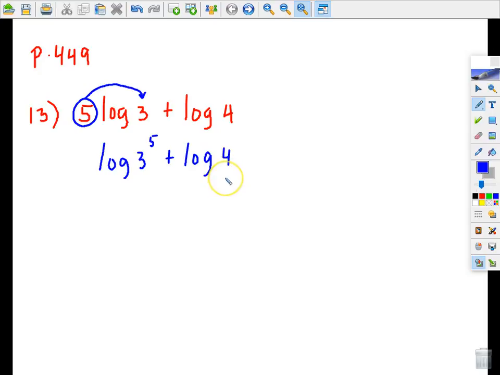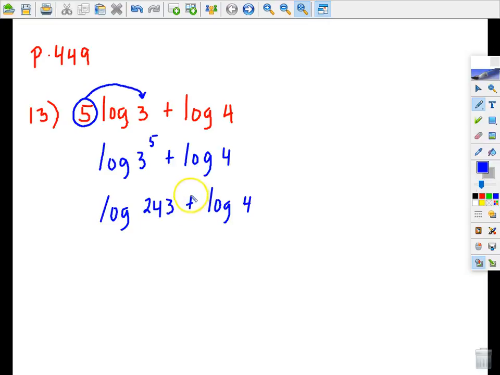Okay, and now we can go ahead with our calculator, if you need your calculator, and find out what 3 to the 5th power is. That's 243. So instead of saying log 3 to the 5th, we can just say log 243. So that's the only difference between the first blue line and the second blue line.